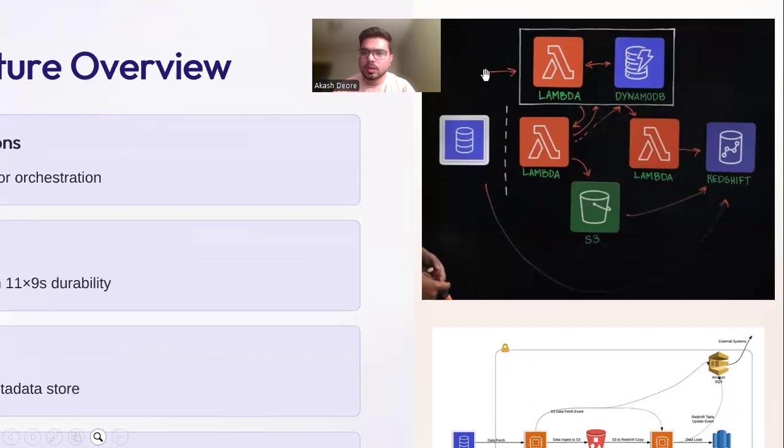So this is the orchestration Lambda function, and from here their actual workflow starts. This Lambda function reads configuration stored in this DynamoDB database.